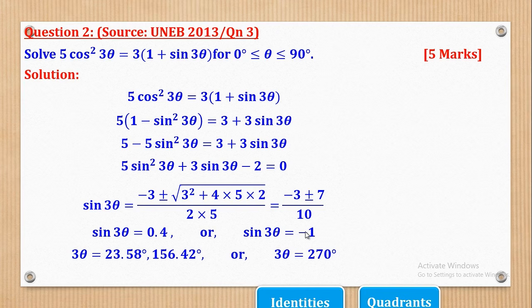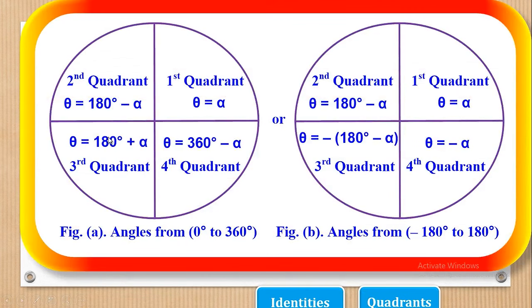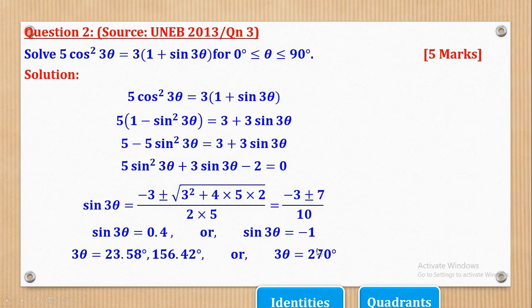Now when I get 90 degrees, I'll come back here in my quadrants and realize that in the third quadrant, the angle is got by saying 180 plus alpha, which is the first quadrant angle. So this value was got by getting 180 plus 90 degrees to give you 270 degrees. Now we cannot add on the angle in the third quadrant because that will be beyond the required range.